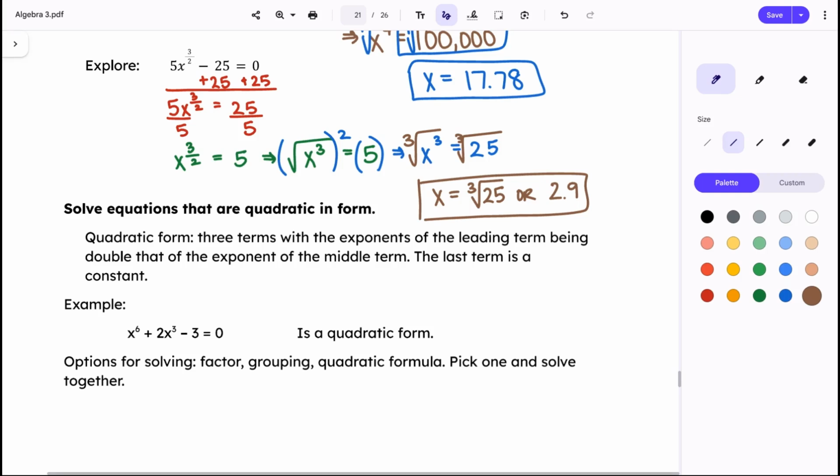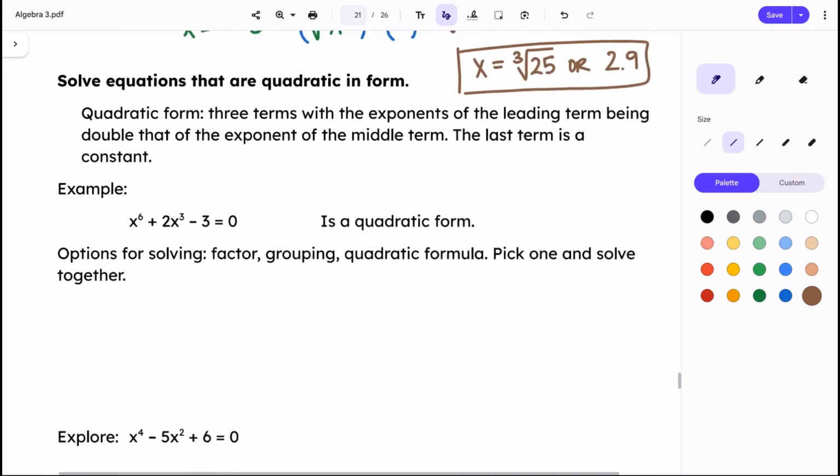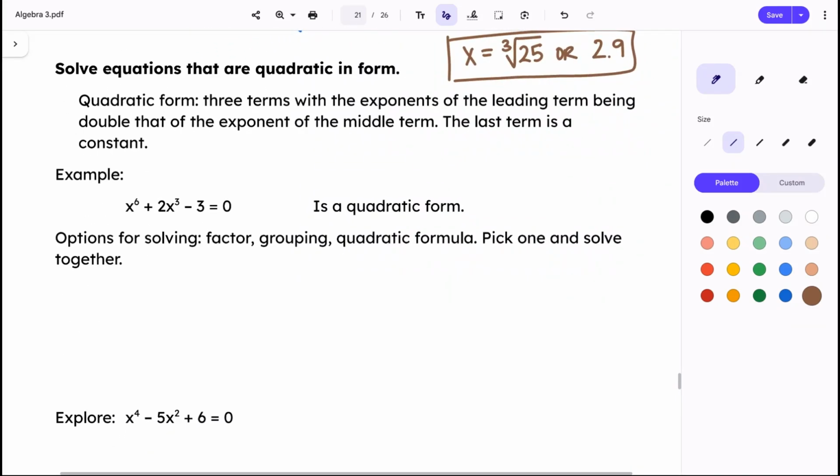If something still has 3 terms and the exponent of the leading term is double the term in the middle, then it's technically considered quadratic. So on this one, it says x to the 6 plus 2x to the third minus 3 equals 0. That's technically quadratic because 6 is double of the 3.